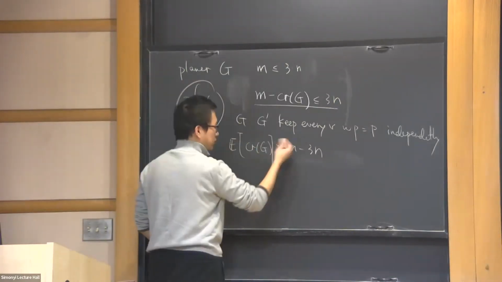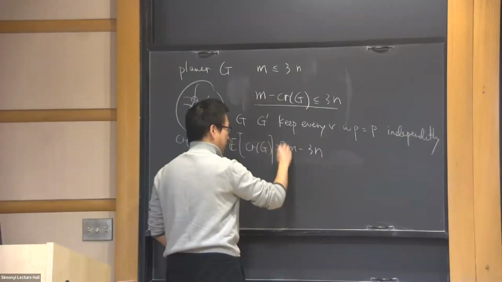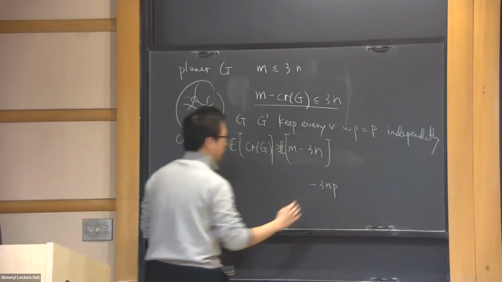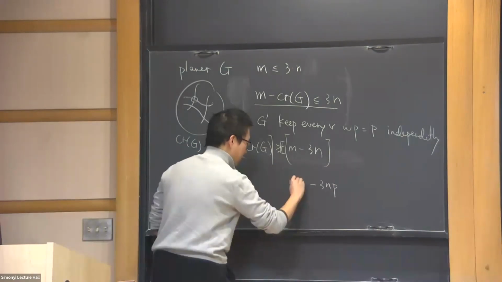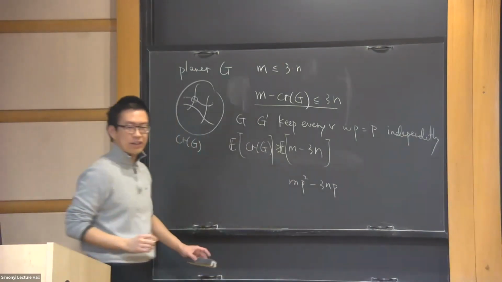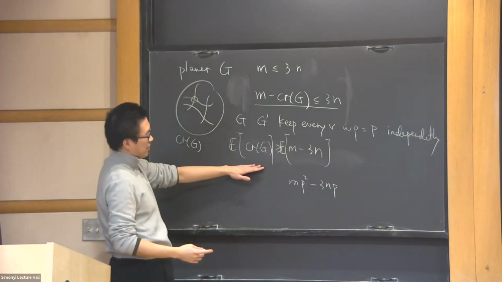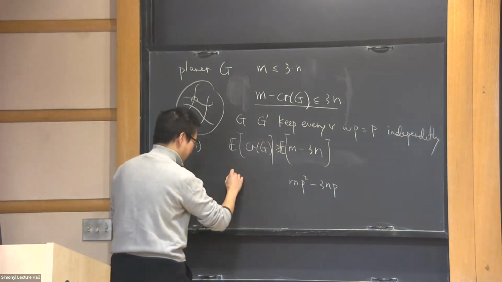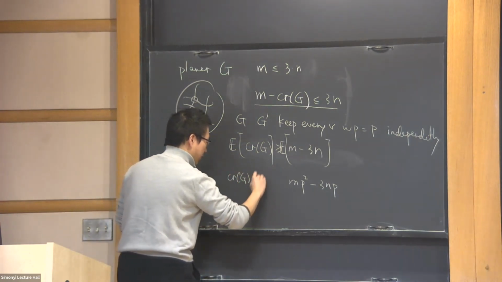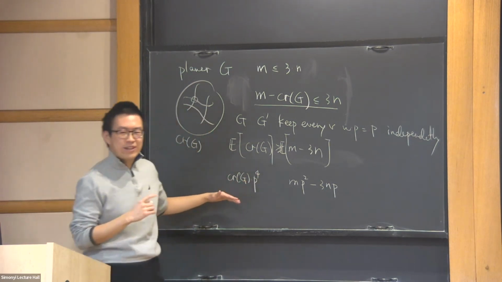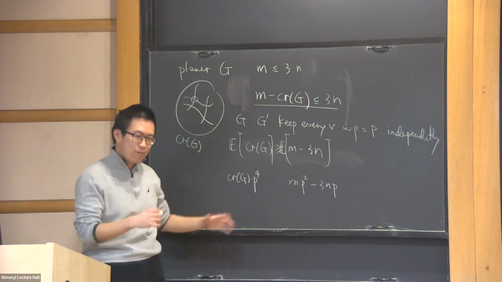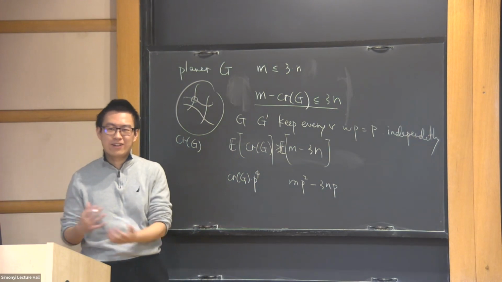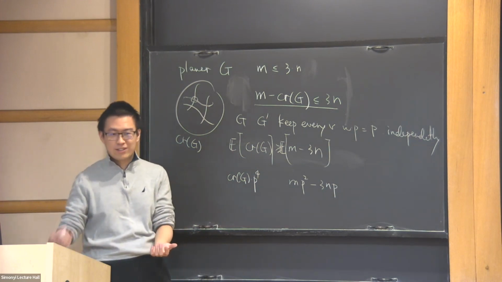So we have minus 3np, and m p squared. Every crossing stays with probability p to the fourth, so this is cr(G) times p to the fourth. We need to be a little careful with this. This is the number of crossings in a drawing that we can get, and it's larger than the actual crossing number of the remaining graph, because we have obtained one solution and cr(G) is the best solution.